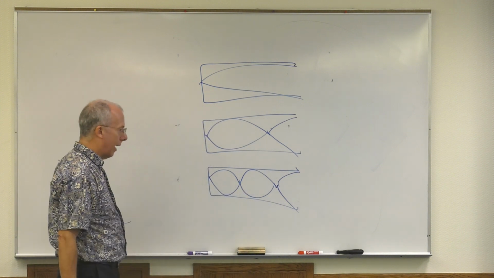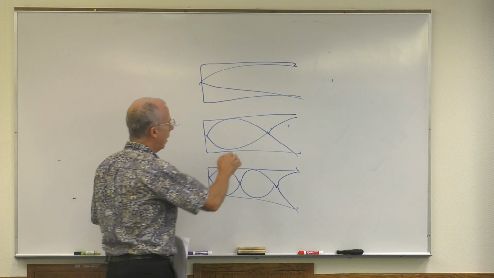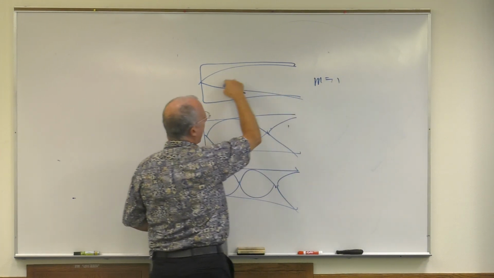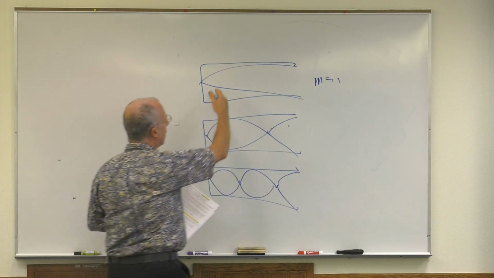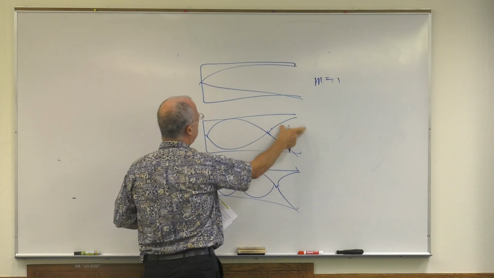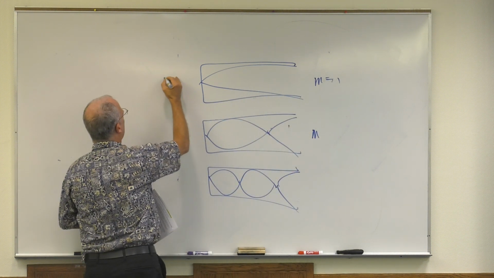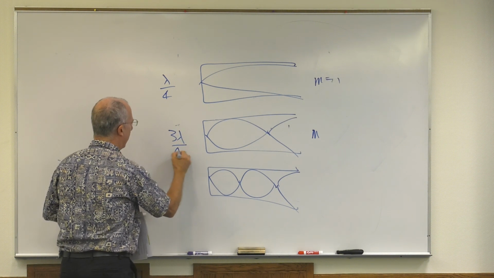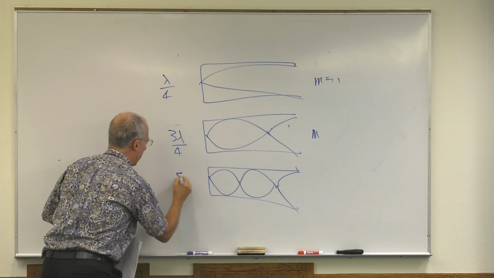I'm not drawing these to scale, but I hope you understand. So here, this is 1. And by the way, how much of a wavelength is that? It's a fourth. Agree? This is a fourth of a wavelength. Here's a fourth, this is a half, so that's 3/4. So we have a fourth of a wavelength. Here we have 3/4 of a wavelength. Here, this is 4/4 plus a 1 is 5/4.